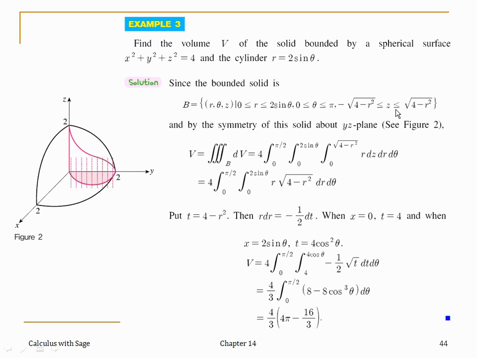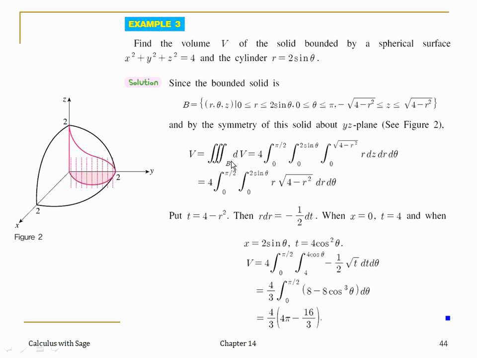Okay, and for z we find the integral interval. We use this equation: z squared is equal to 4 minus x squared minus y squared, which becomes this interval. So z is in here, and r is in here, and theta is from 0 to pi, and then multiply 4 times, because we have a bottom and all the tops.